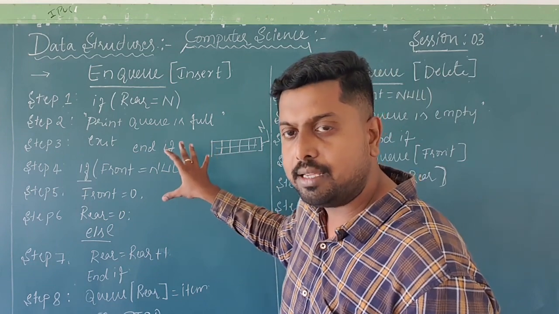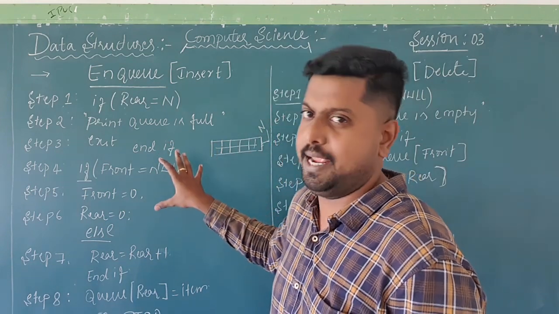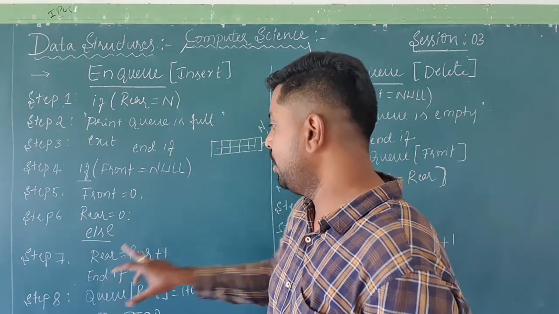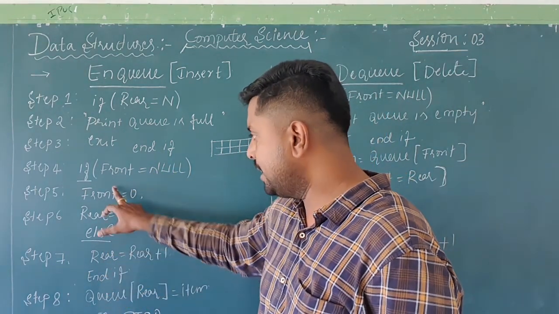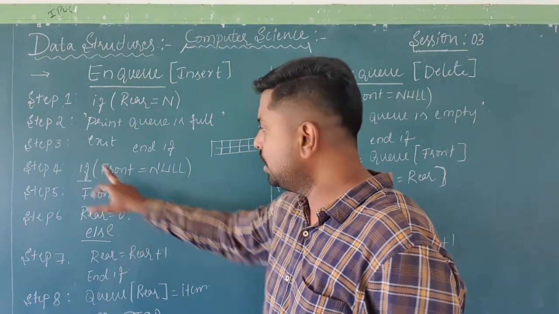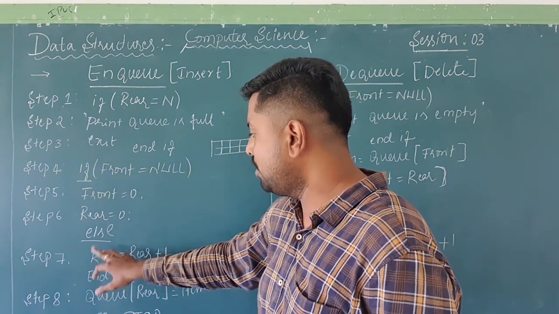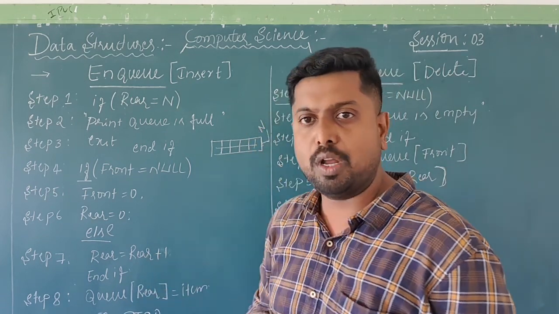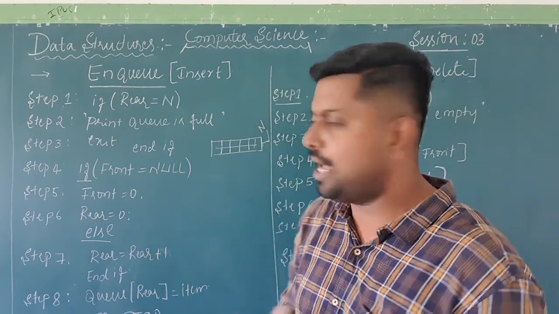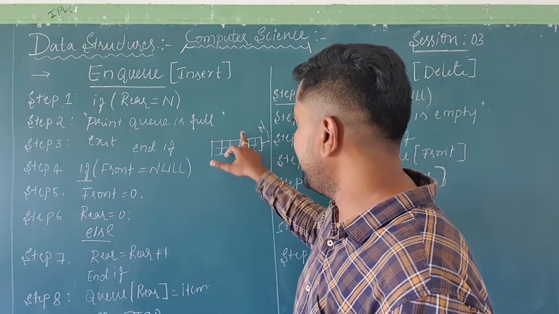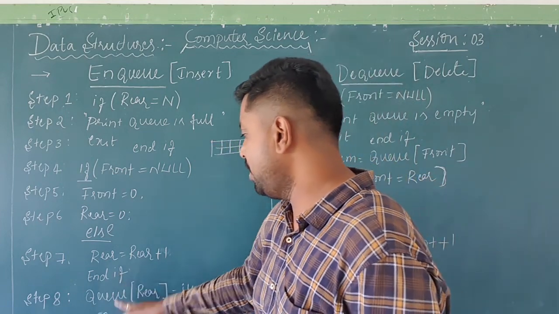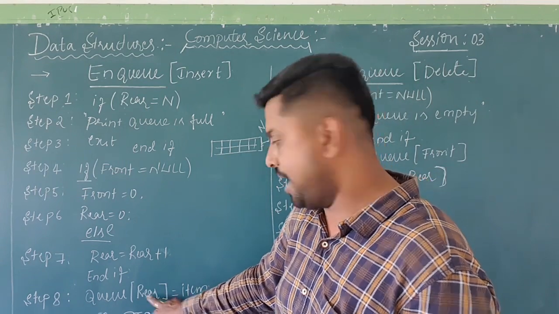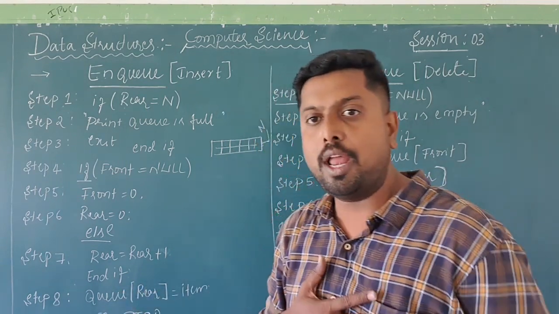This indicates this queue is empty. Here there is no element in the queue. If this condition is true, yes, rear is equal to rear plus 1. Rear is equal to rear plus 1 means adding a new element to the queue. End of if. A new item is added at the rear end. That is what we call a new element is added.